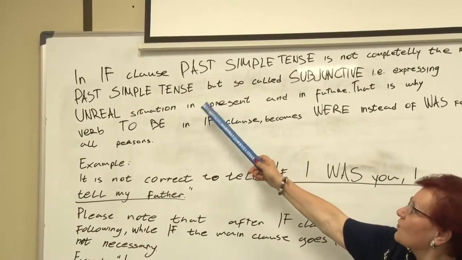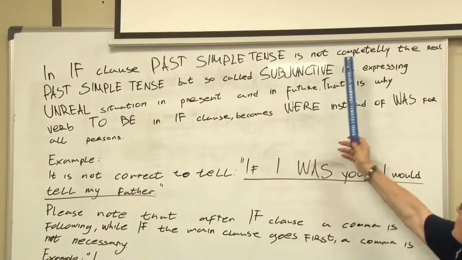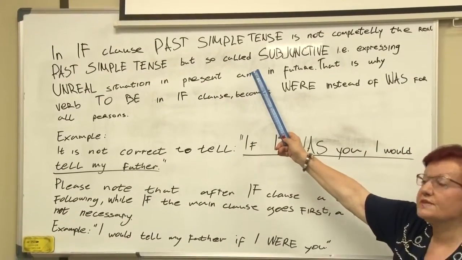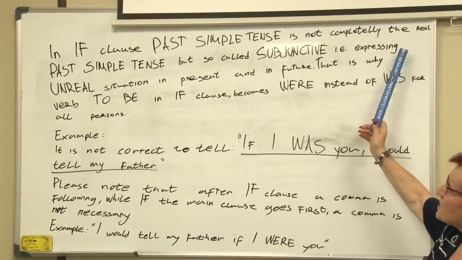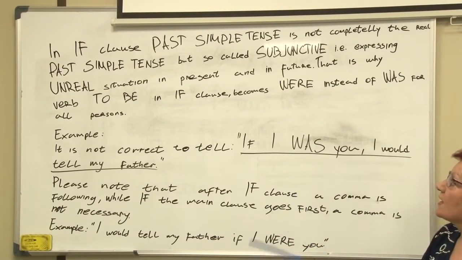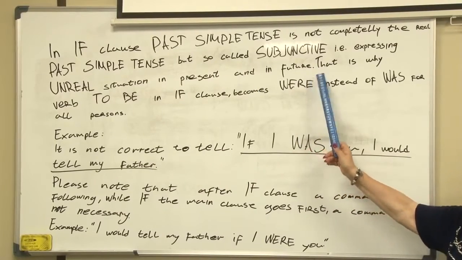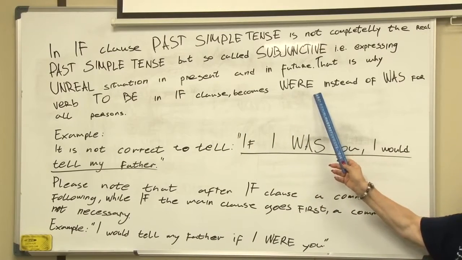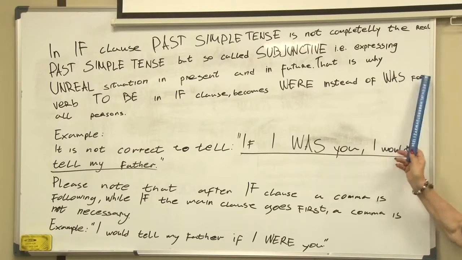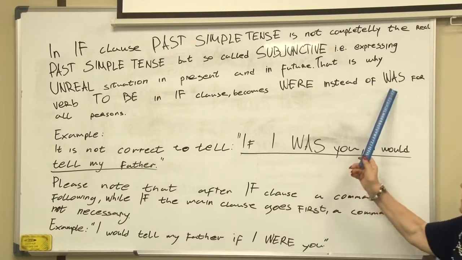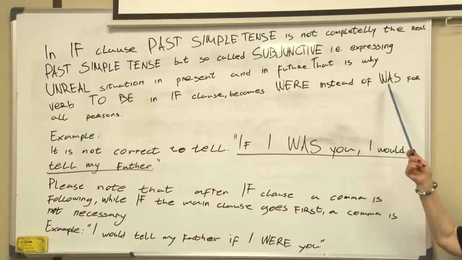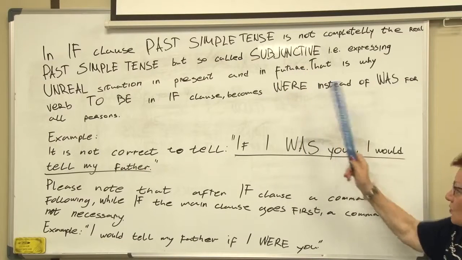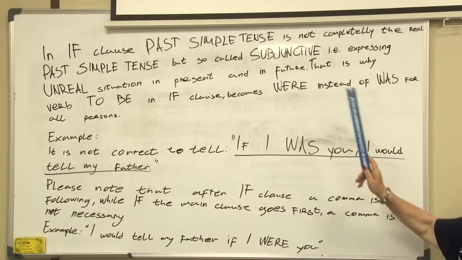In the if clause, the past simple tense is not completely a real past simple tense, but a so-called subjunctive. It is expressing an unreal situation in the present and in the future. That is why the verb to be in the if clause becomes were instead of was for all persons. So was will be used in normal past simple tense for some of the persons, but in this case for all persons, including I, it is were instead of was.